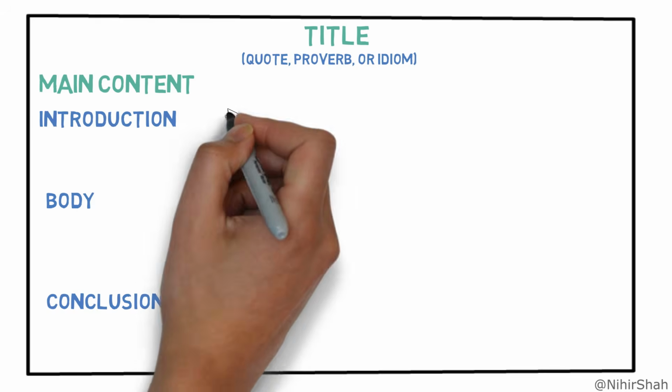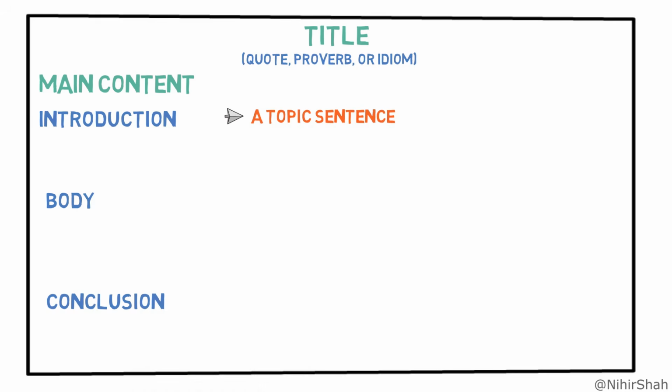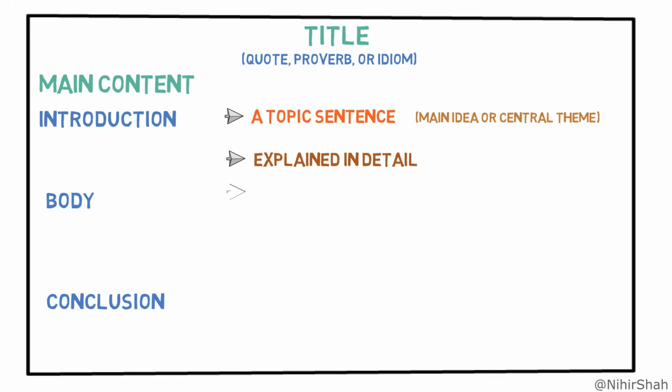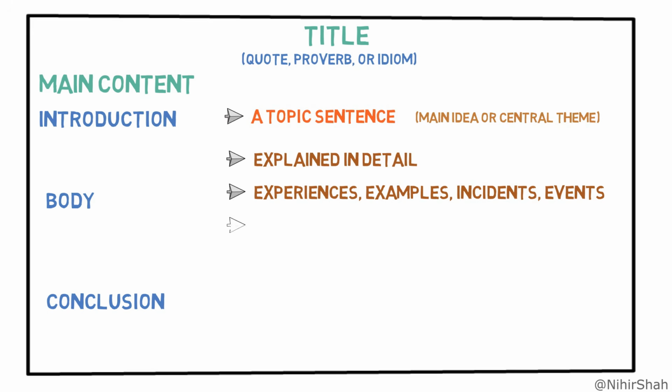The introduction involves a topic sentence with a short introduction. A topic sentence expresses the main idea or central theme of the piece of writing. The main idea is explained in detail in the body. Here we can add experiences, examples, incidents, and current events, and use discourse markers to make our writing more interactive.